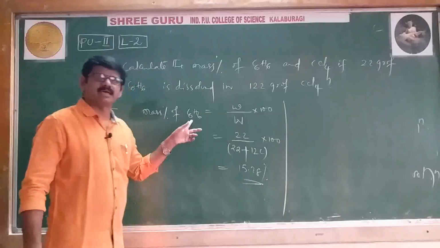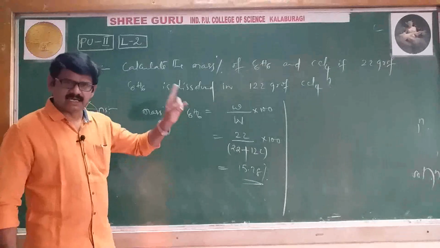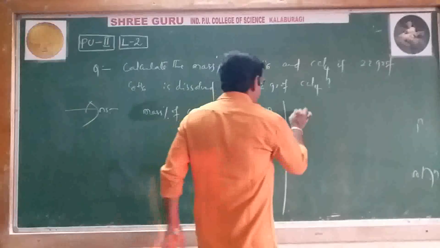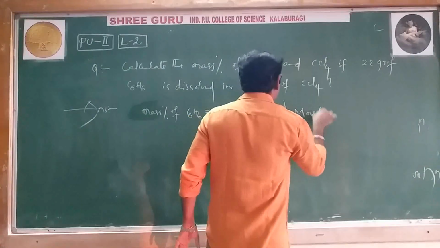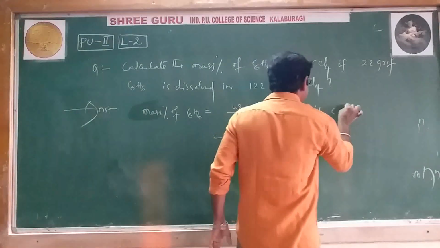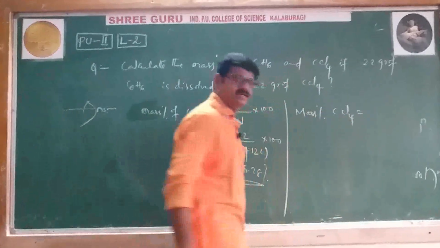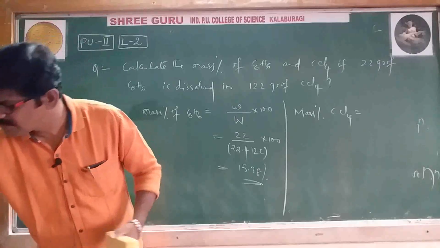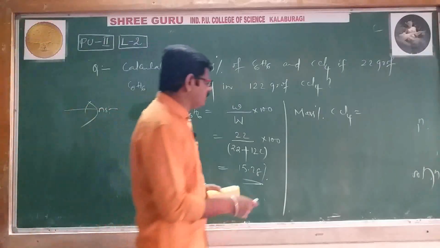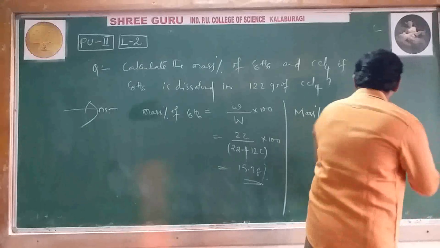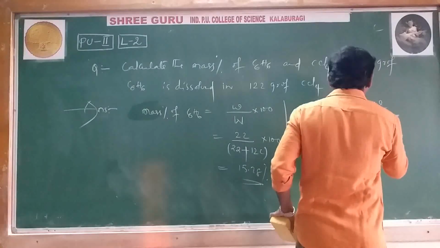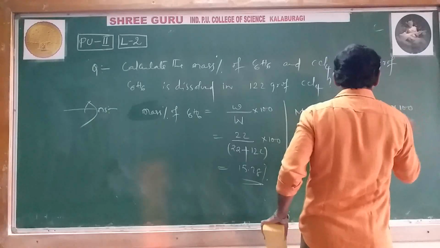Exactly the same way, we will calculate the mass percentage of CCl4. Same formula: mass percentage of CCl4 is small w by capital W into 100.